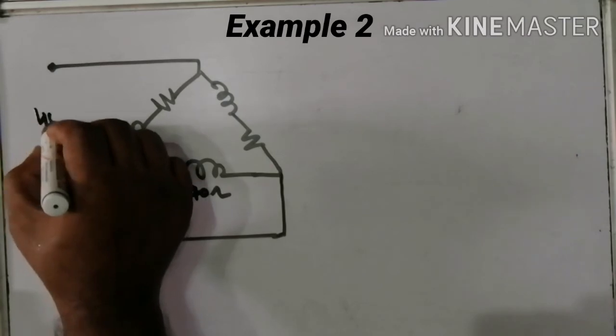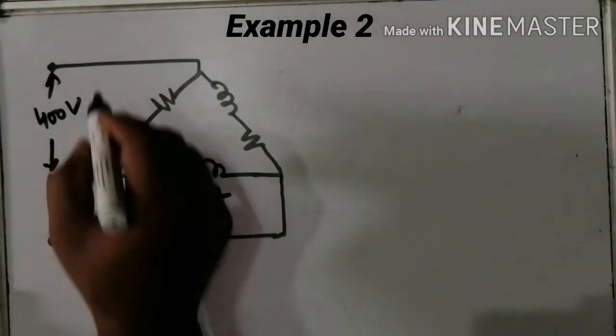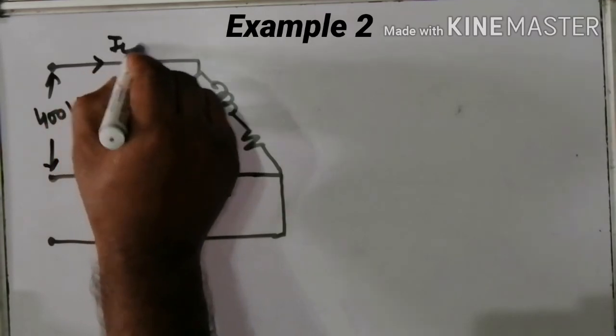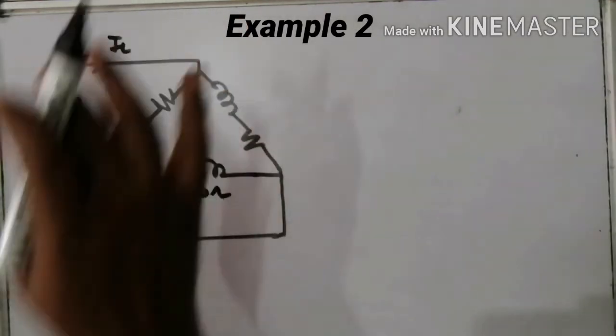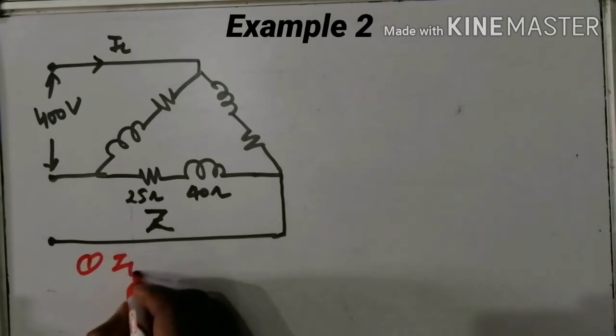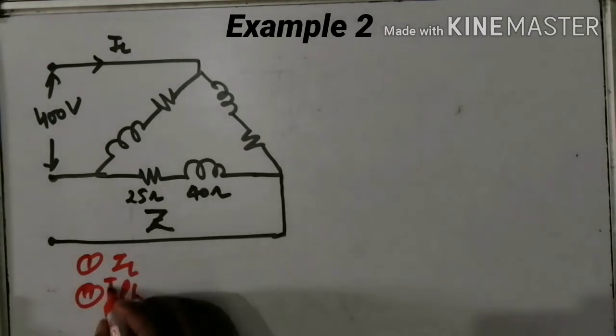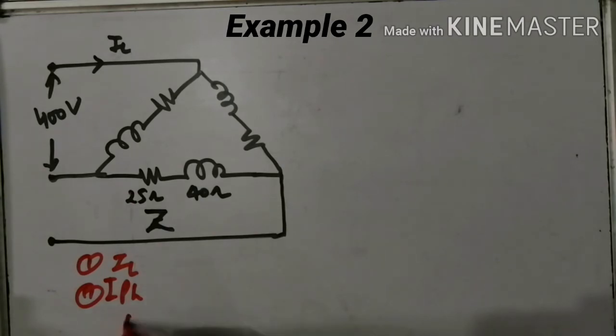Here voltage is 400 volt, and this one is current, load current, or you say line current. Calculate number 1 line current, number 2 phase current, and third part is power.